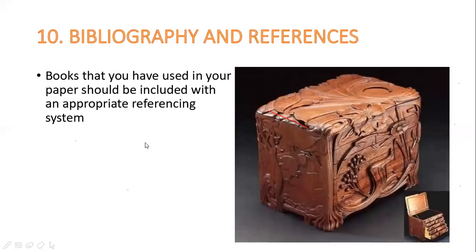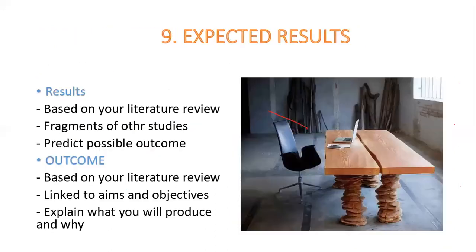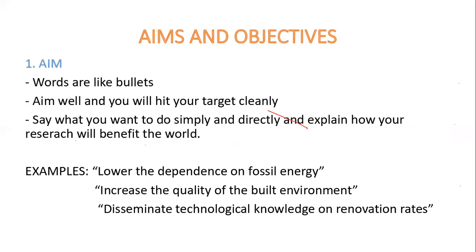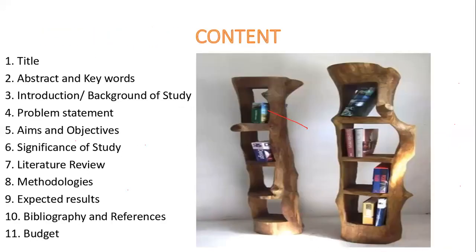So this is just a sample and a basic outline for a research proposal. Of course, other lecturers and other supervisors are going to advise maybe a different outline other than this one. You need to be open-minded. There are certain components that are not included in this table of contents.